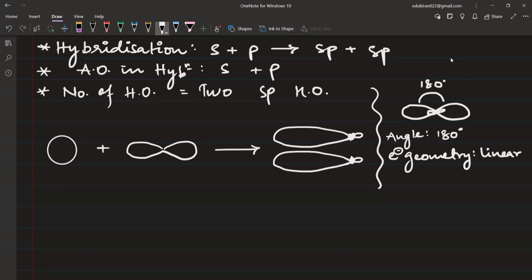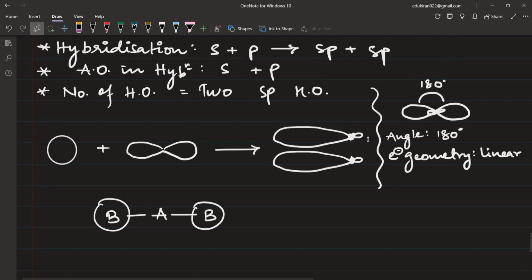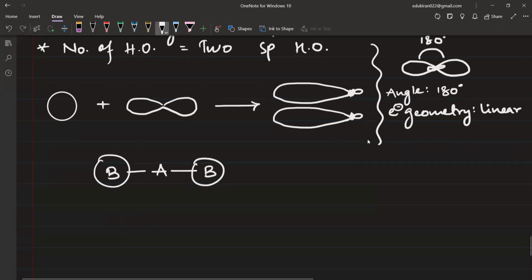So if I have an atom A as the central atom and it is attached with 2 B, then the B are going to be here and here. Now, what are the different types of molecules that can be formed with AB2?